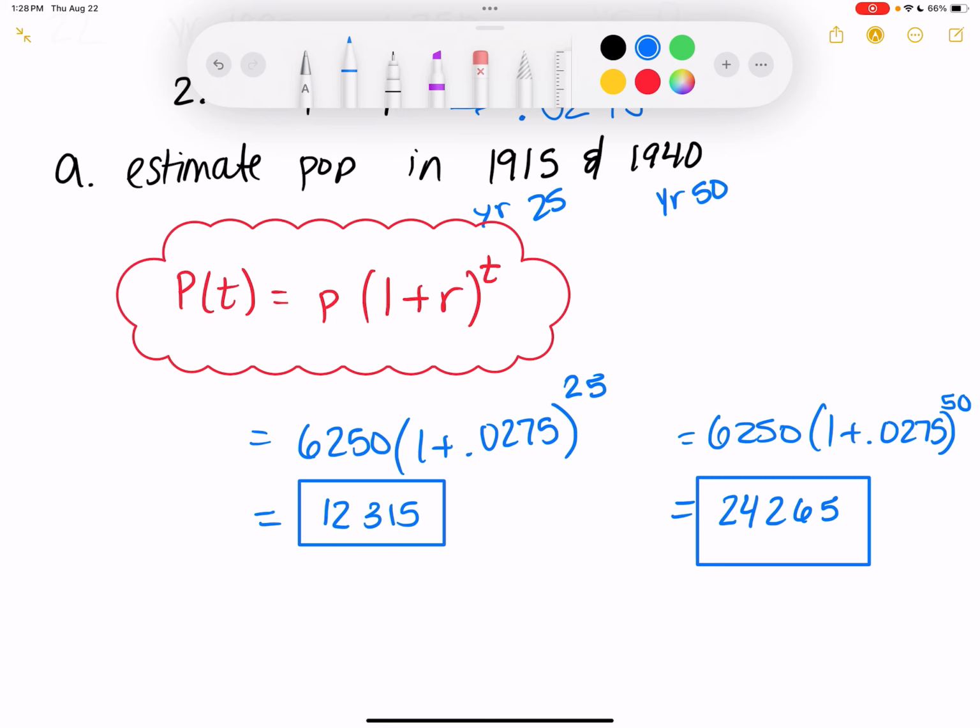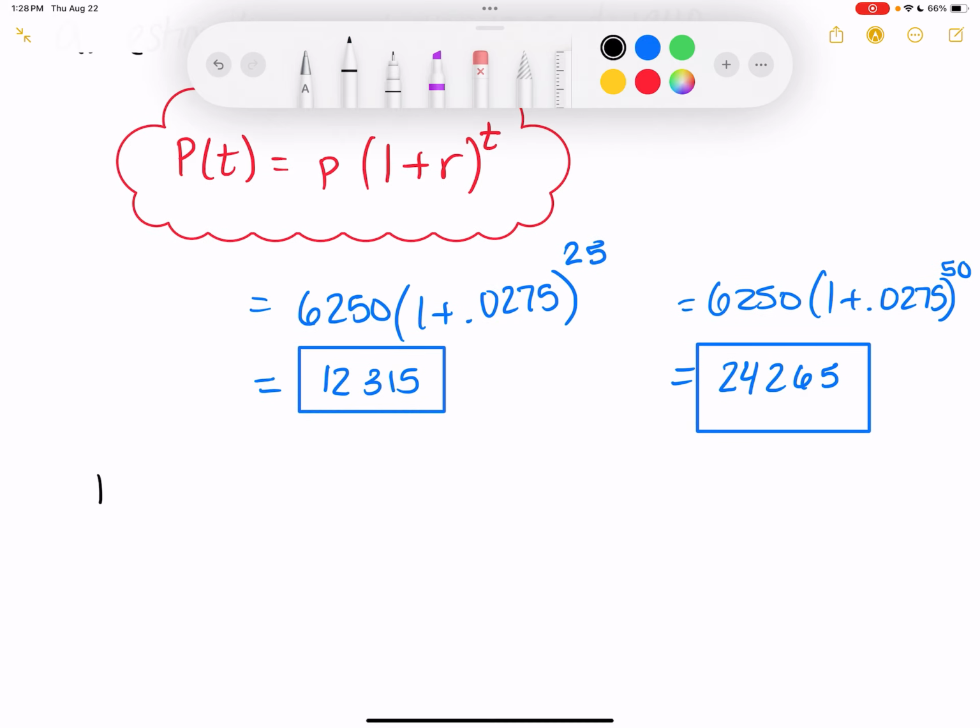Let's see. Part B says, actually, it says approximately when did the population reach 50,000? Okay, so we put 50,000 on the left.